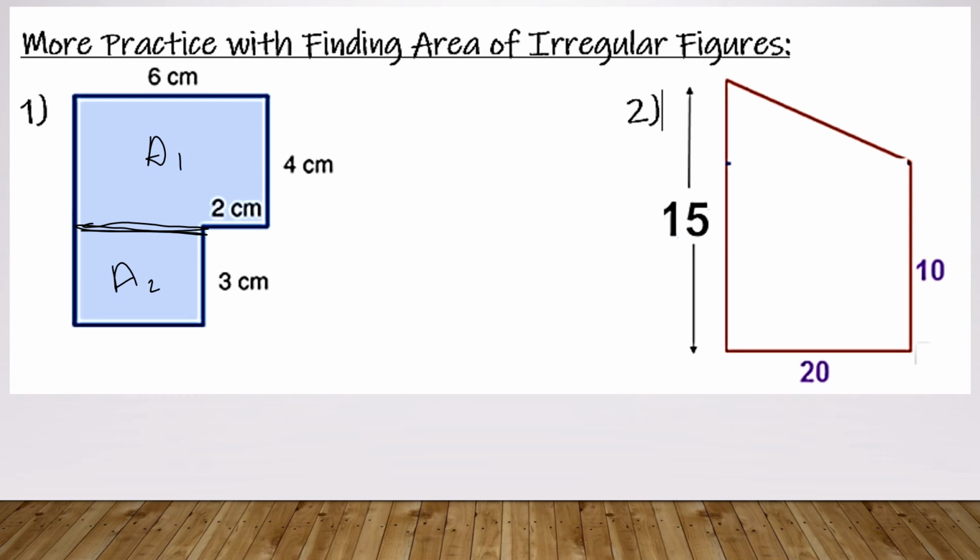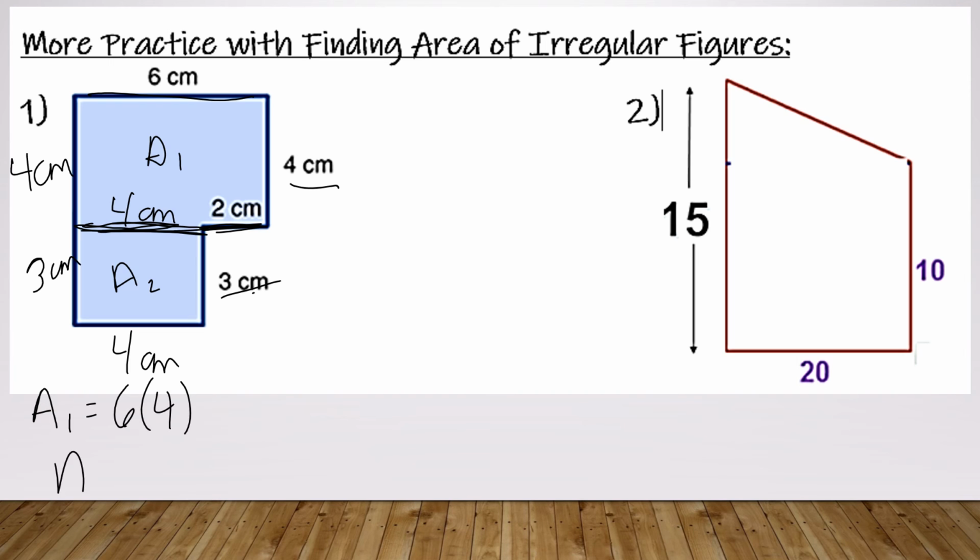So if this side here is 4, that means this side here would be 4. If this is 2 here and the whole thing is 6, that means this would also be 4. If this is 3, this side would be 3, and if this is 4 here, this side would also be 4. So to find the area of the first figure, I'm just going to do 6 times 4. It is a rectangle. So you get 24. And then area of the second one would be 4 times 3.